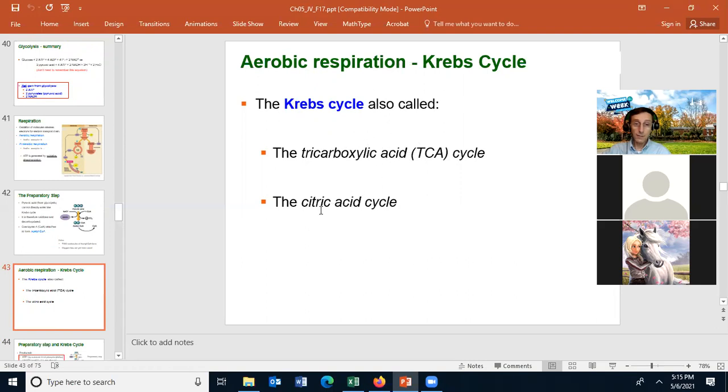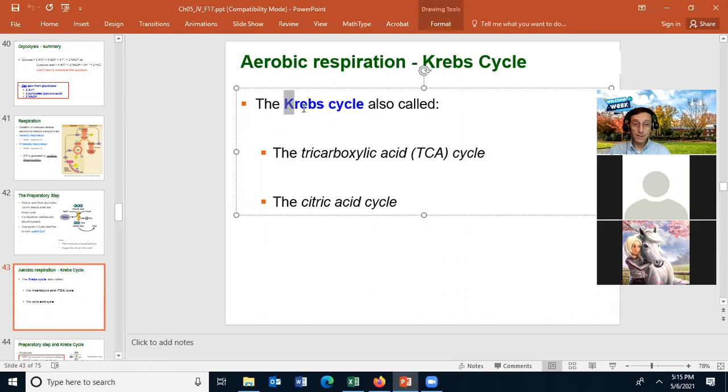It can also be called the citric acid cycle, which has the same acronym TCA, because the first tricarboxylic acid that's generated is citric acid in the Krebs cycle. Okay? Any question about that? Like I said, I'll be calling it the Krebs cycle. Your textbook author does. But there are different names for the Krebs cycle, and you really should know them.